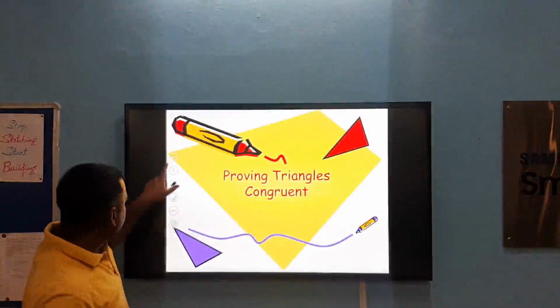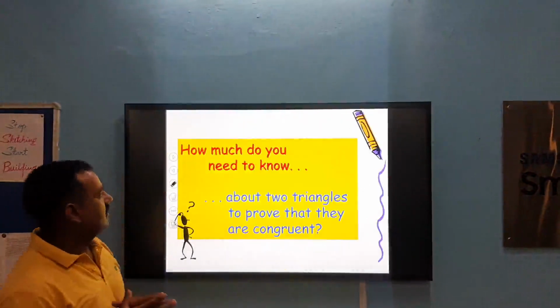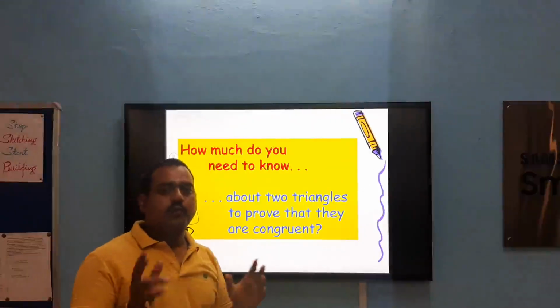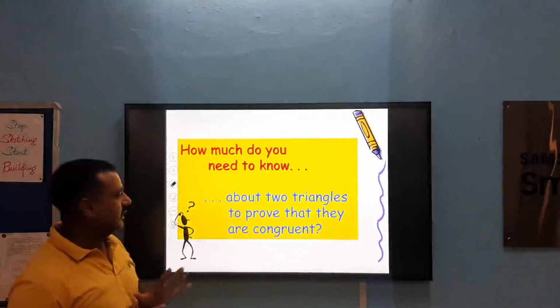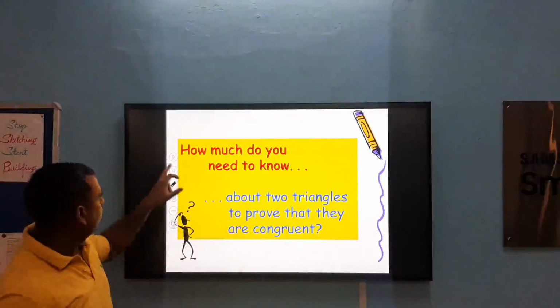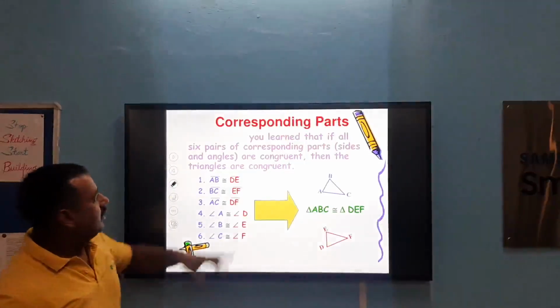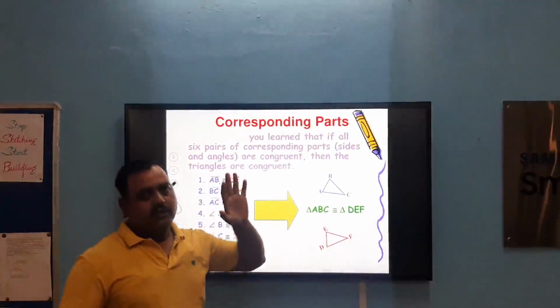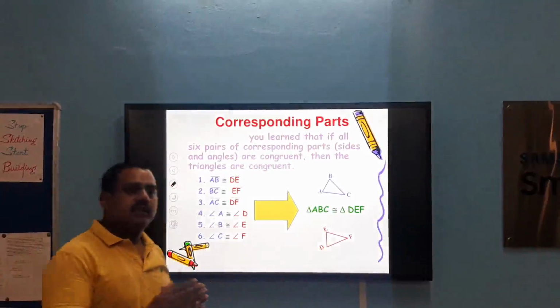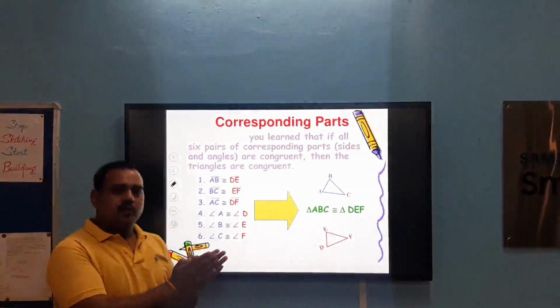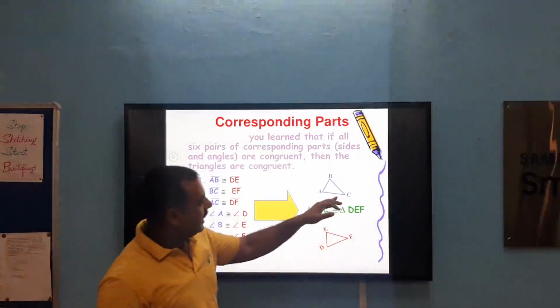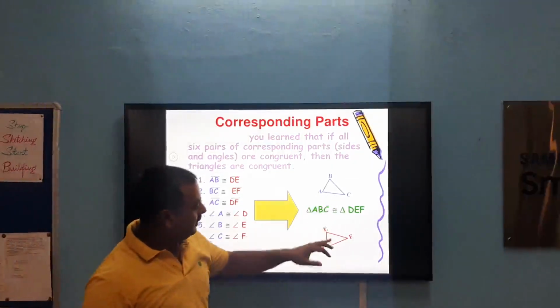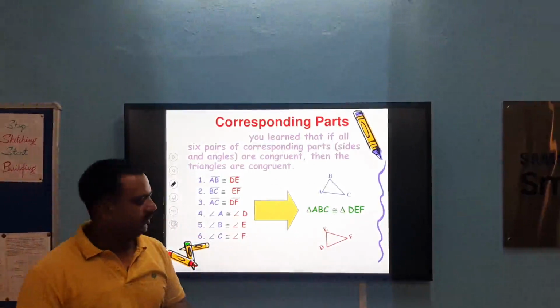So, how much do we need to know about two triangles to prove that they are congruent? Corresponding parts means one part of a triangle corresponds to a part of the other triangle. Say, in this diagram we have two triangles, triangle ABC and triangle DEF.